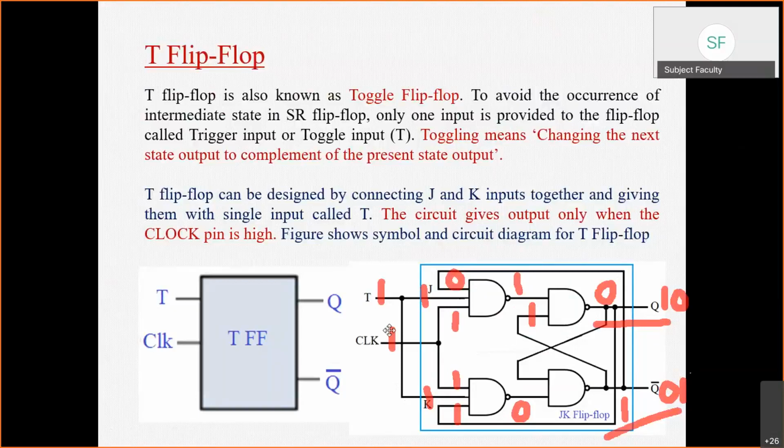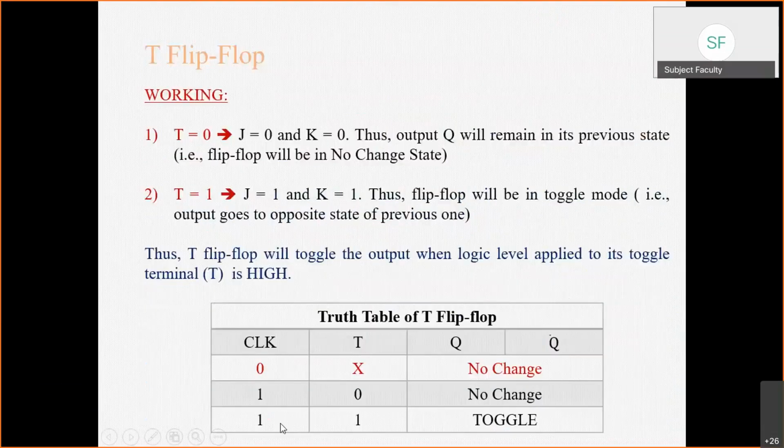So whenever the value of t is 1, your output will be in toggle mode. Same thing is in the truth table as well. When the value of t is 1, it is in toggle mode. Okay, so this working is very important, and T flip-flop is very useful.